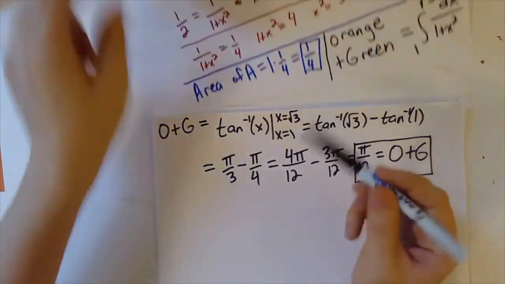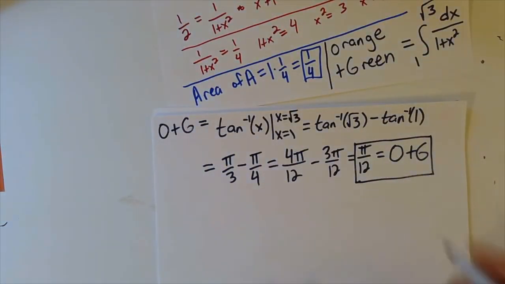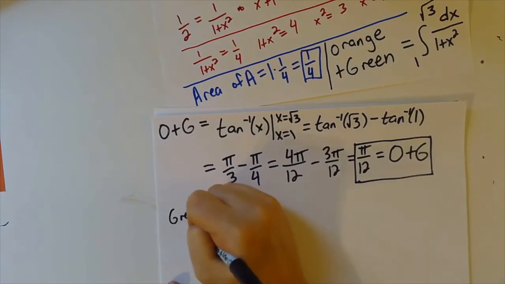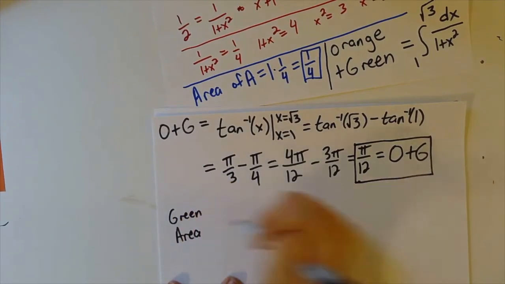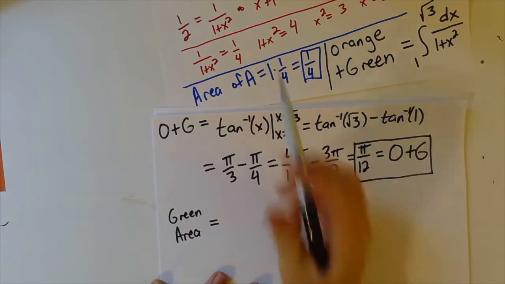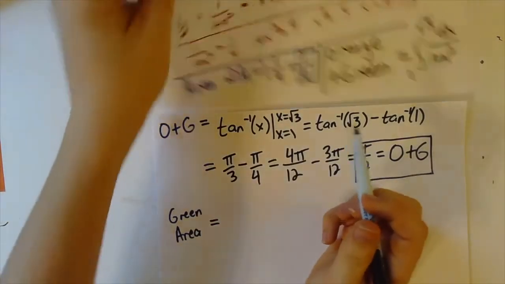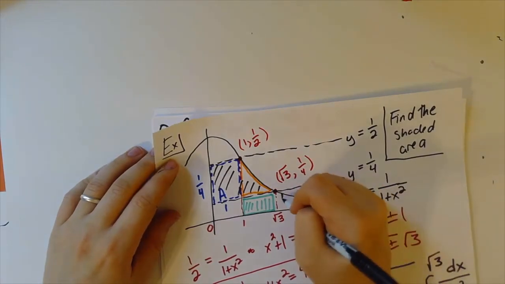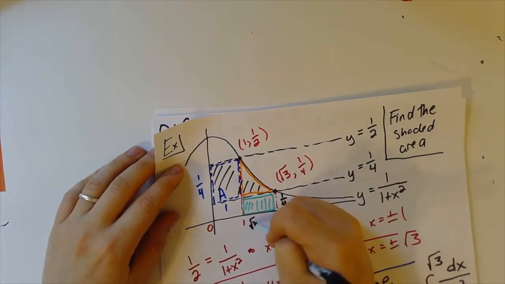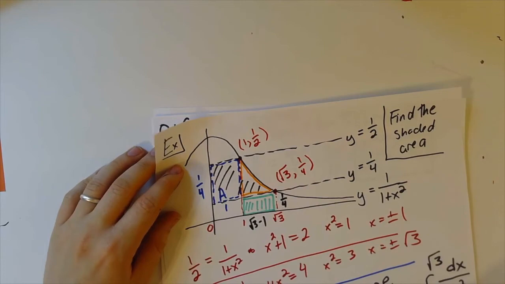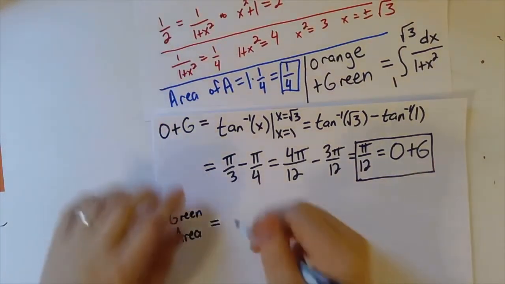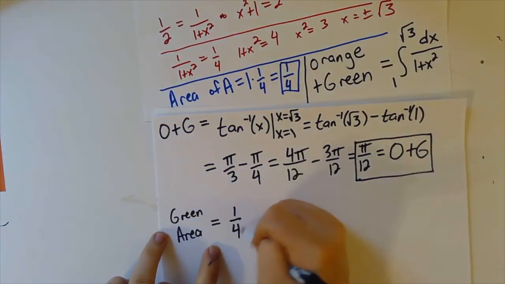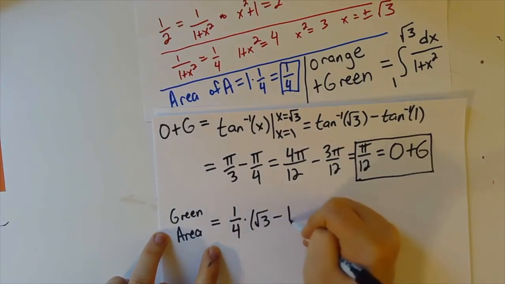So the green area, since it's a rectangle, is just, well, this rectangle is 1/4 high, and it is root 3 minus 1 wide. Okay, so this rectangle has area 1/4 times the square root of 3 minus 1.